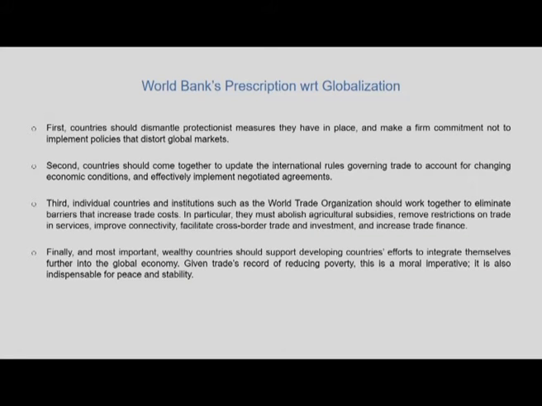Given trade's record of reducing poverty, this is a moral imperative. It is also indispensable for peace and stability. Now this is a complex point and it's a difficult point. It's a debatable prescription. This prescription is at the root of various international debates globally, wherein it considers that international trade is the only route to reducing poverty, and this prescription is reiterating the fact that it is a moral imperative of the developed countries or the wealthy countries to support the developing countries, preferably in terms of international aid.